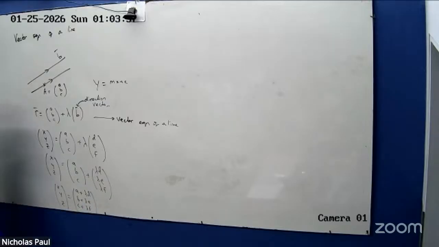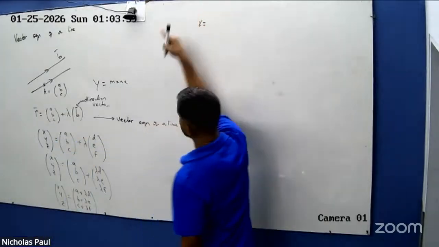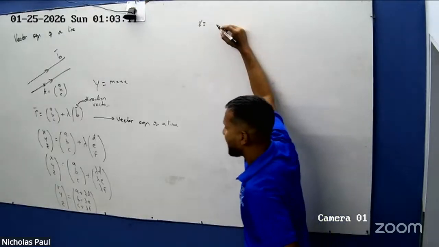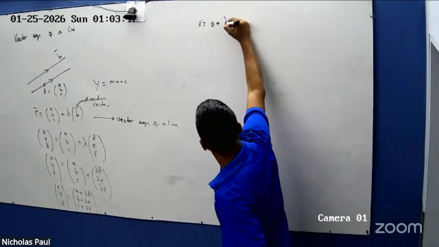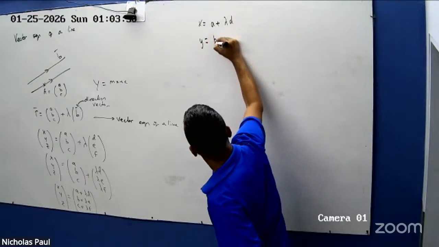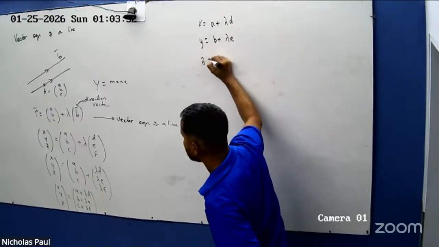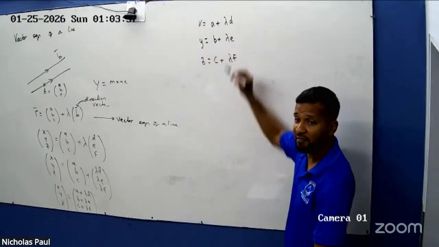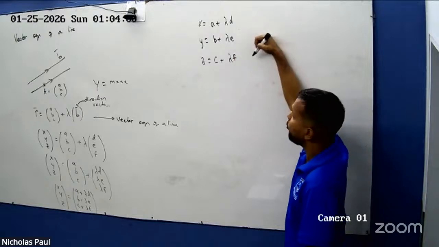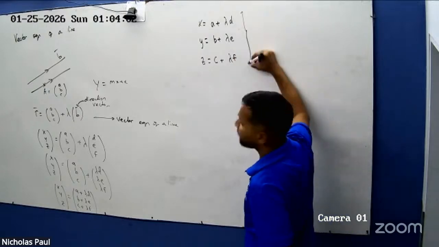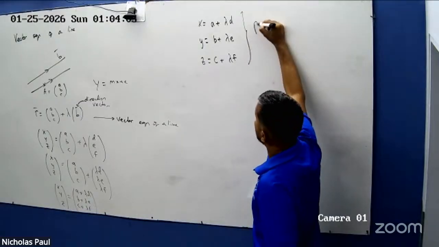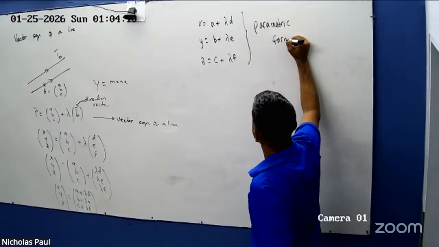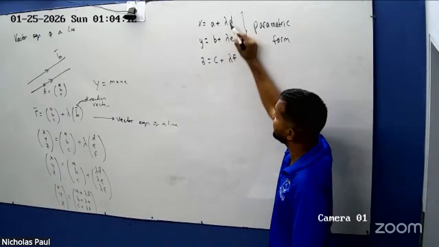So I have x is equal to a plus lambda d, y is equal to b plus lambda e, and z is c plus lambda f. I have x, y, and z in terms of lambda. What do we call this form? This is your parametric form.